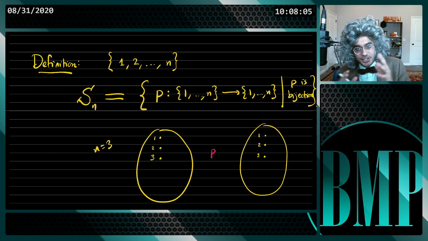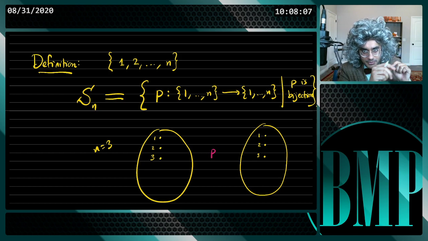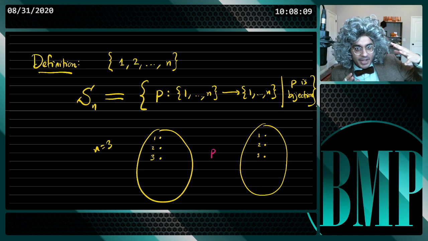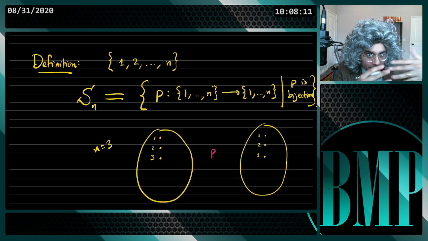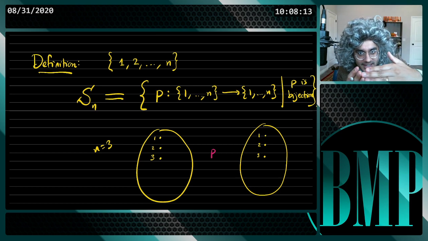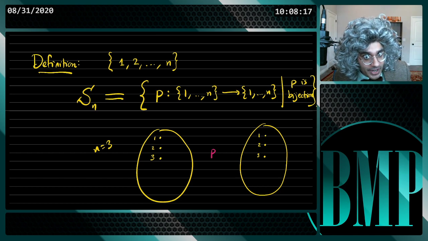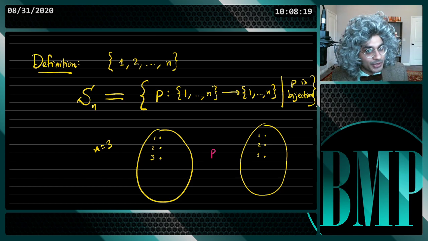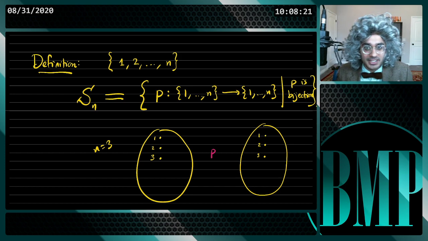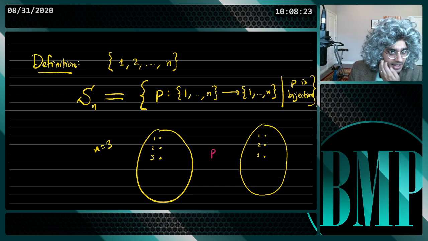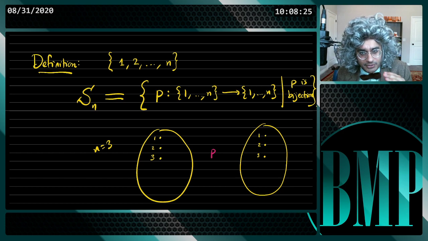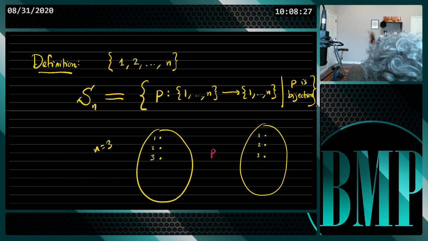It's a function, so you have to start assigning arrows, input, output. But it has to be one to one and onto. So there can't be two arrows colliding, and in fact, for finite sets, you just can't have two arrows colliding because surjective between a finite set and itself implies injective, but whatever. Okay, so here we go. Here's an example.